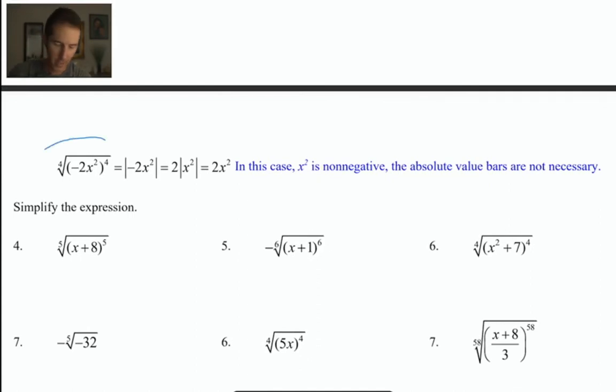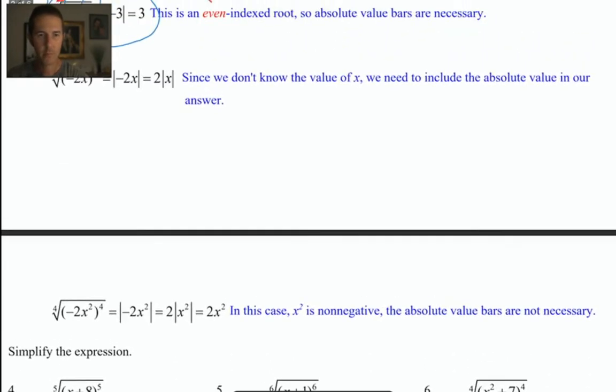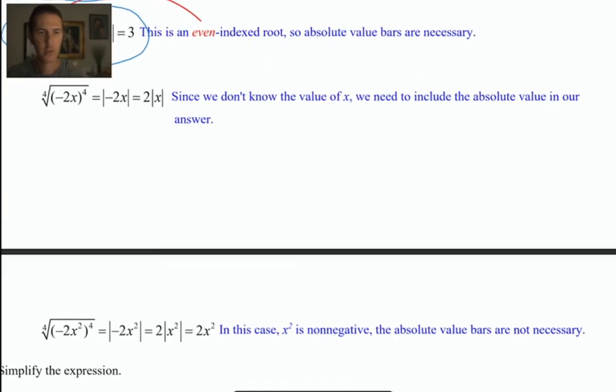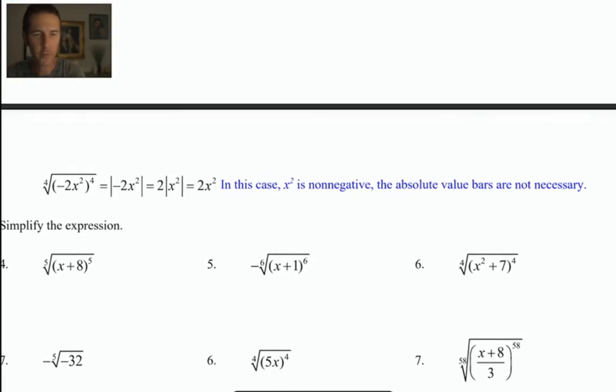And then this example is a slightly modified version of the one that we just finished talking about, this one right here. This next one has a -2x squared that's being raised to the 4th power and then 4th rooted.